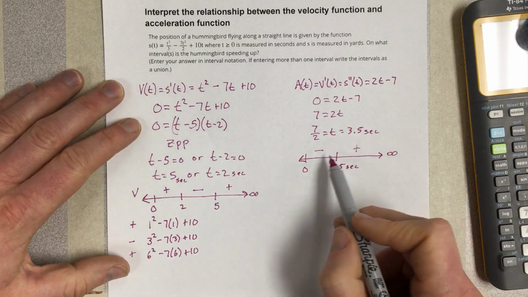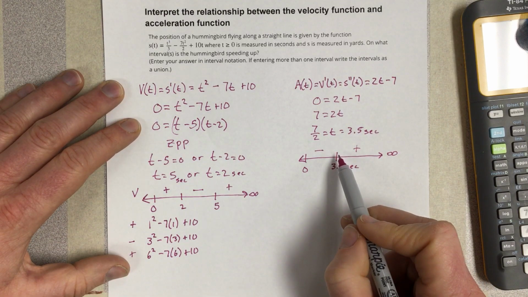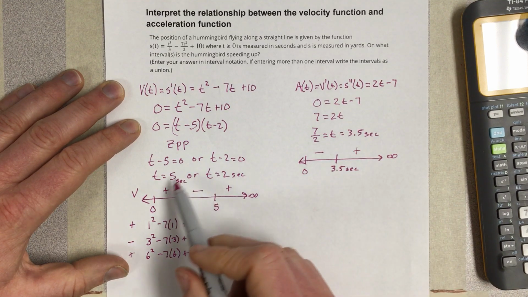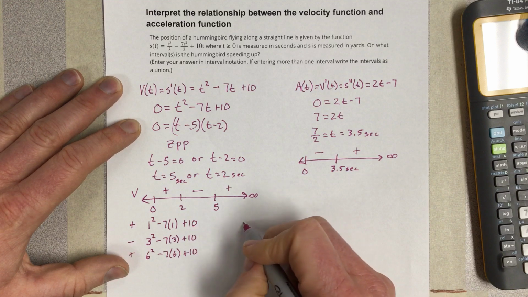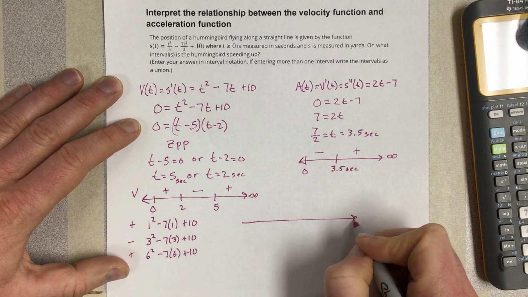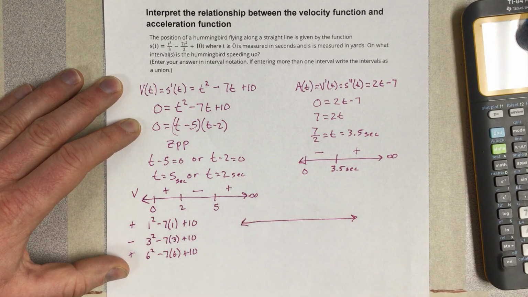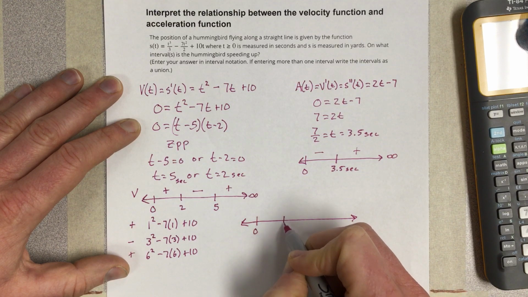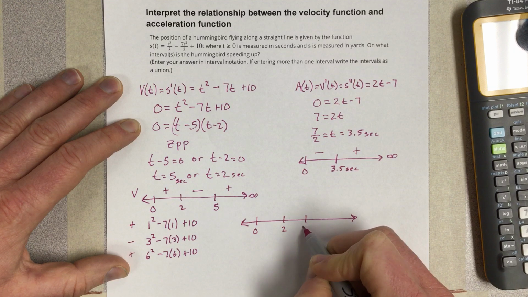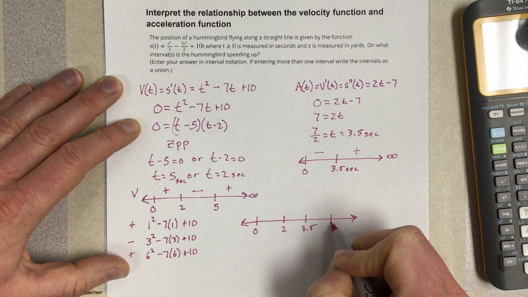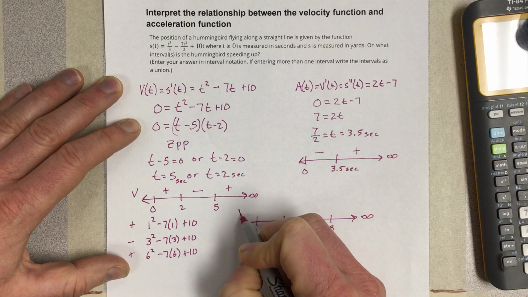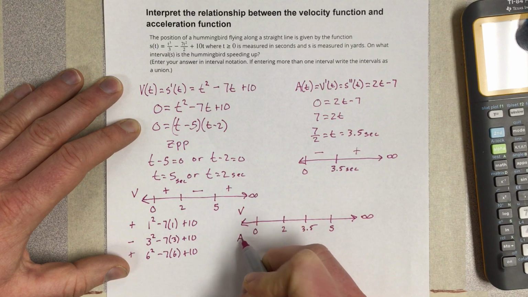So now that I know what my values for acceleration are, and also my values for the velocity, let's map them on the same number line. So I'm going to break this up by going 0 to 2 to 3.5 to 5 to infinity. And then on the top, I'll map the velocity. On the bottom, I'll map the acceleration.